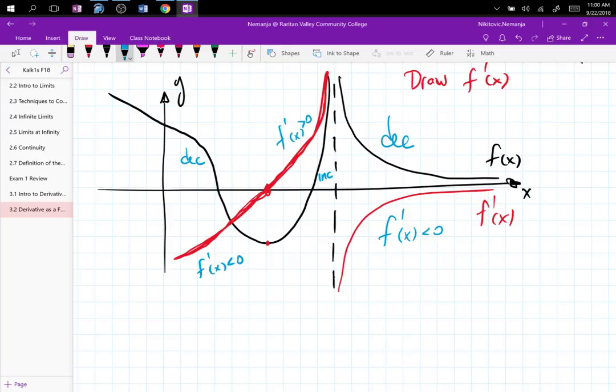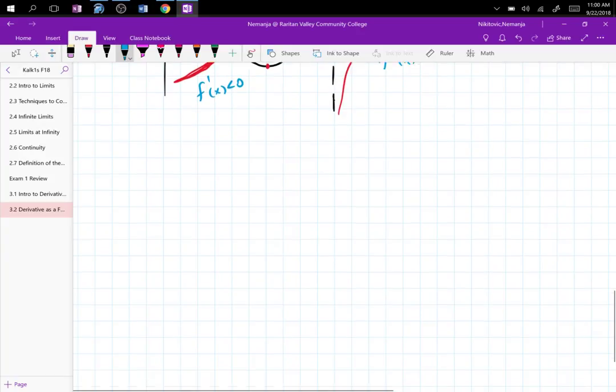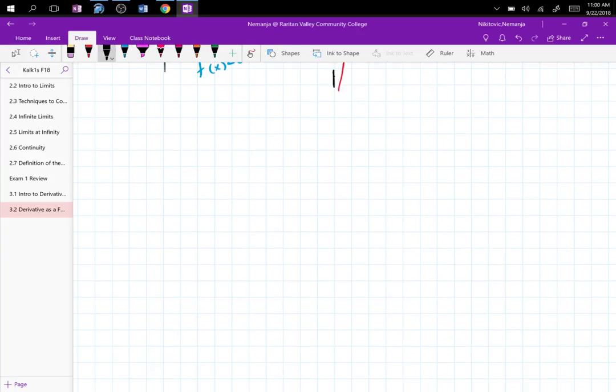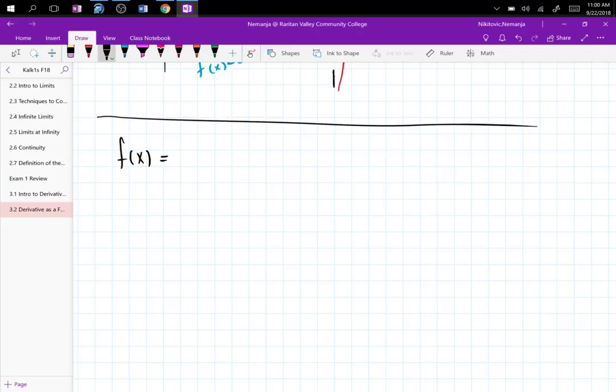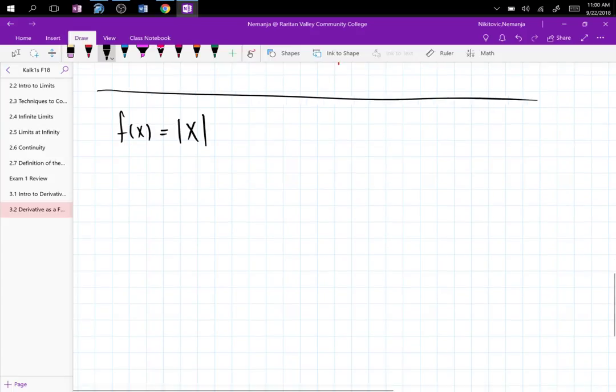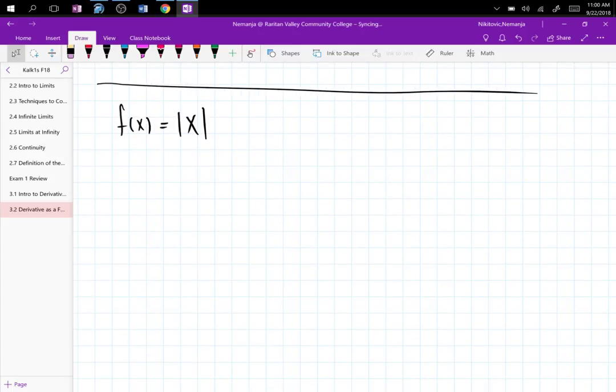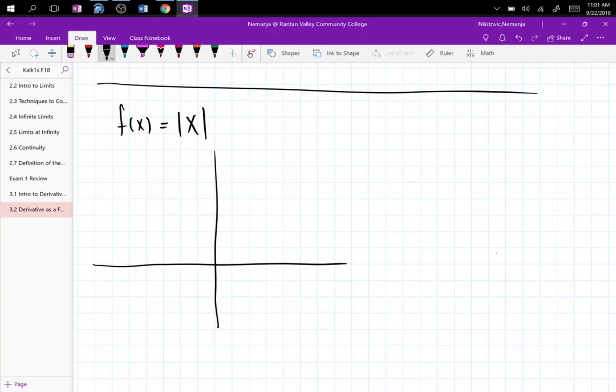Okay, so one subtlety that we should be careful about, I don't want to skip this, is the absolute value of x. So f of x equals absolute value of x. It's a 45-degree line.